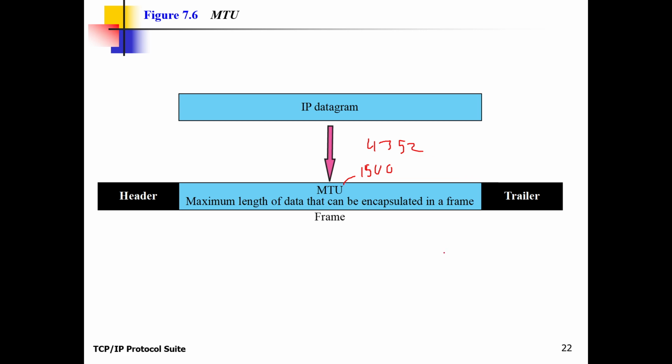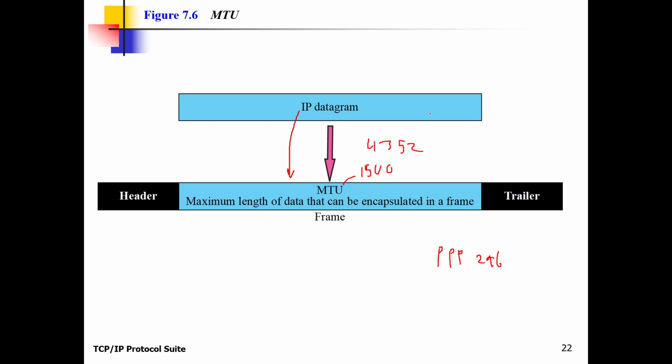How about if it's a point-to-point or PPP protocol? It will be only 296 bytes. So it depends on the technology used in the protocol. In order to make the IP packet go through this, we have to divide the packet.